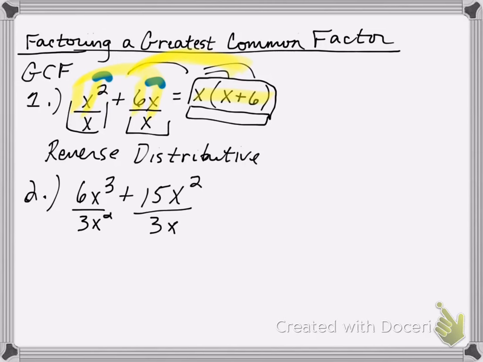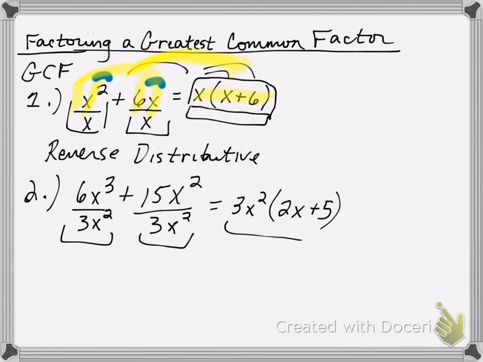So 3x squared is your GCF. I'm going ahead and writing it underneath, and I'm also going to write it over here and open up a parentheses next to it. To figure out what goes in the parentheses, you just divide here and here. The first one will be 2x, and the second one will be 5. So that is your final answer, your factorization.